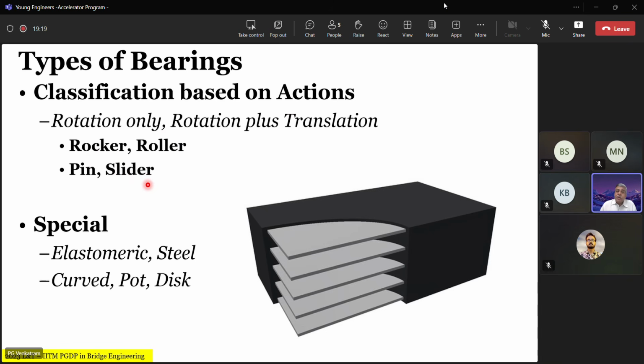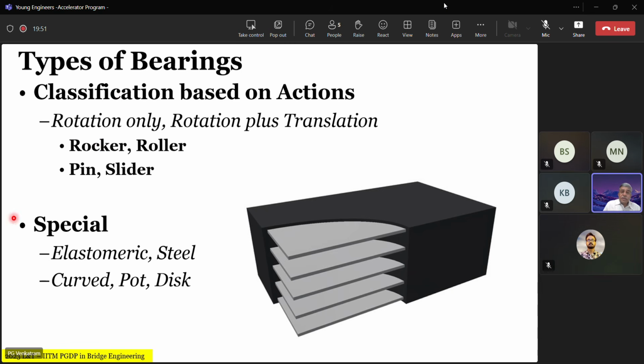So they are based on the kind of actions, force actions. Remember, in technical terms, every time you talk about actions, you generally are talking in terms of forces. So depending upon the kind of forces they transmit at the joint, they are classified like that. Apart from this, these bearings can also take care of rotation, sometimes rotation only, sometimes rotation plus translation. So some of them are classified based on action.